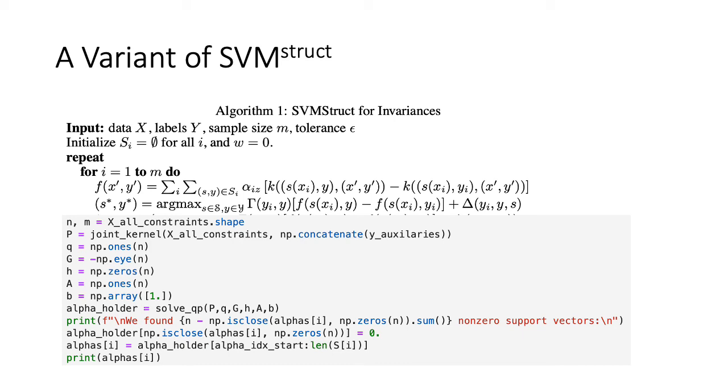You need a negated identity matrix to have positivity constraints, and then a vector of all ones to make sure that everything sums up to 1. You can plug this into any solver. We used quadprog, and then when you get the alphas back, you have to store them intelligently.